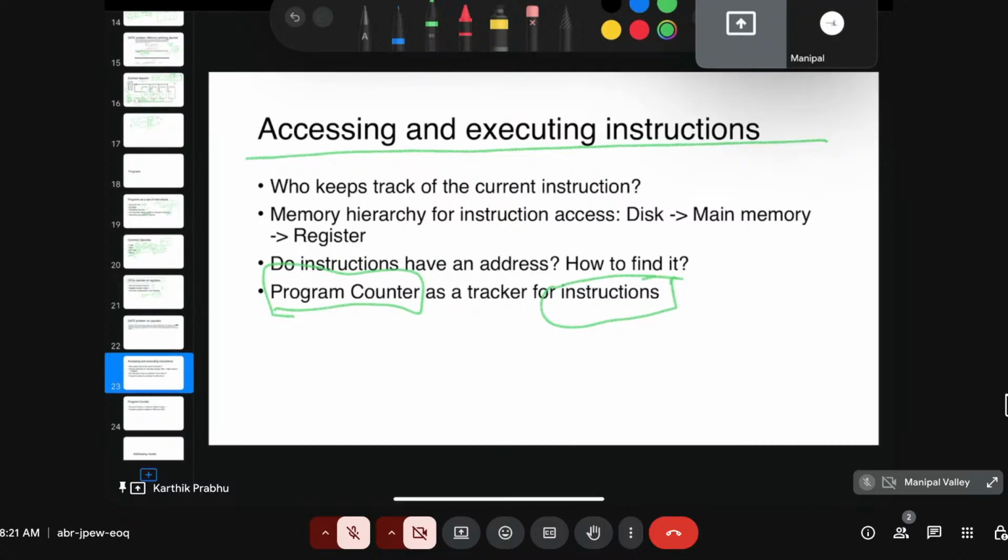But what if our CPU, our instruction set, says that every instruction needs to have a fixed number of bytes? Then it becomes much simpler, because now I know that this instruction always has 4 bytes. There's no escape from that.